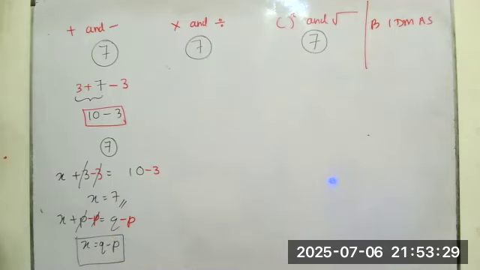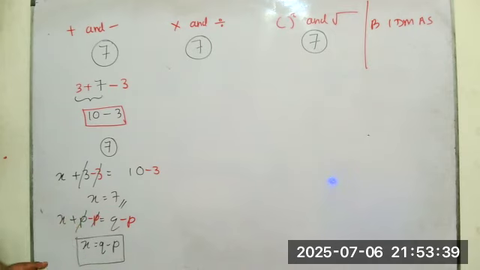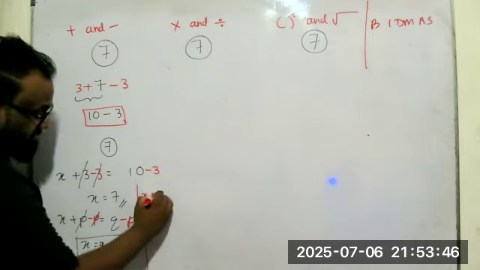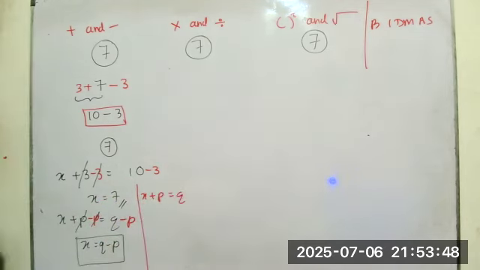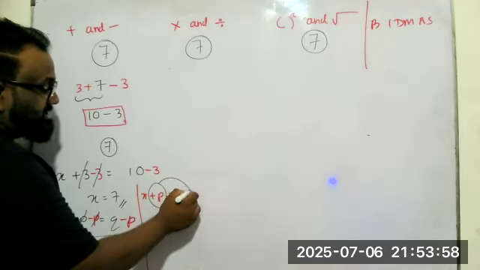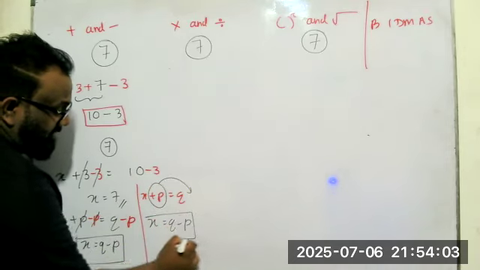Now, what we understand is this kind of working becomes complex when it comes to bigger expressions. So just to get over with it, for x plus p equals q, rather than introducing a negative p on both sides, we say that we take this plus p to the other side, because finally we get the same answer, don't we?